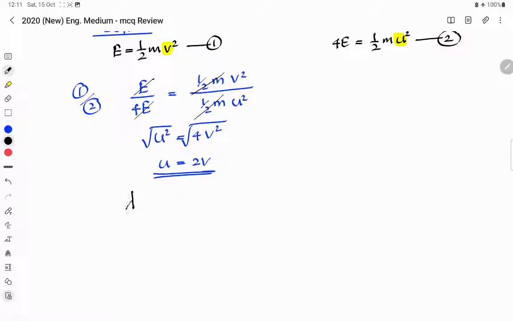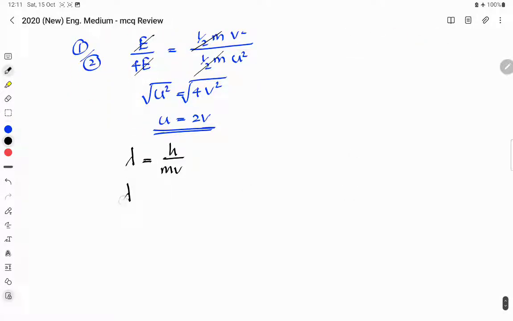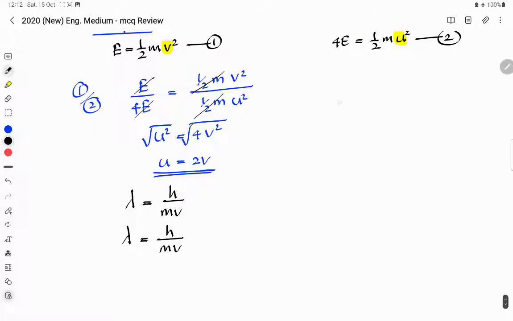The de Broglie wavelength is equal to h over mv, the Planck's constant divided by the momentum. Initially it's lambda equals h over mv. For the after situation, lambda dash equals h over mu.